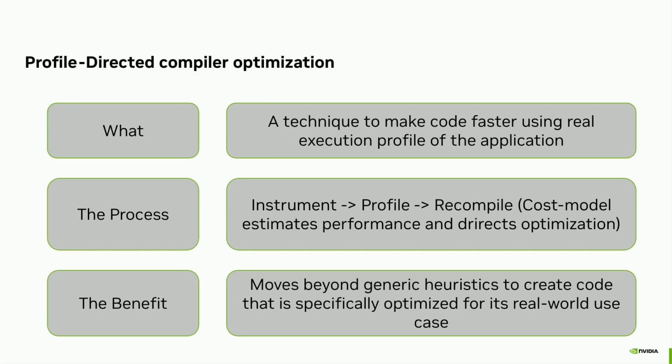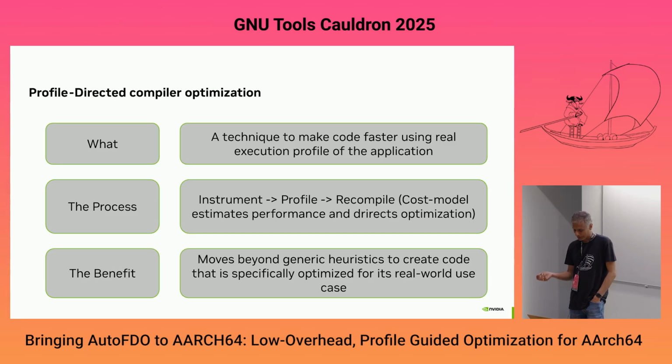Profile-directed optimization is where we use representative workloads to direct the compile optimizations. The process is to capture the profile with the representative workloads and then feed that to the compiler such that the compile optimizations are guided through this profile instead of using generic heuristics.